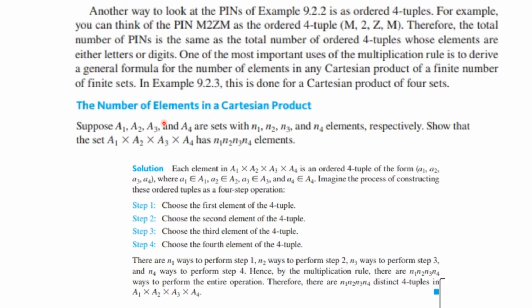So we want to show that A1 cross A2 cross A3 cross A4, this is a set of 4-tuples, has this many elements. Well, you can think of this as 4 steps. Choose the first element, second element, third element, and fourth element. And that means you're going to multiply N1 times N2 times N3 times N4. And those are the distinct number of 4-tuples in this Cartesian cross product.